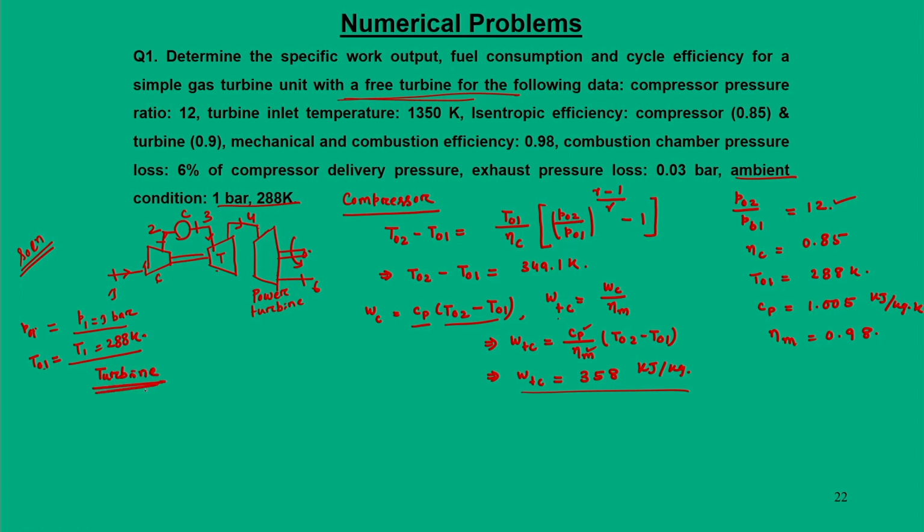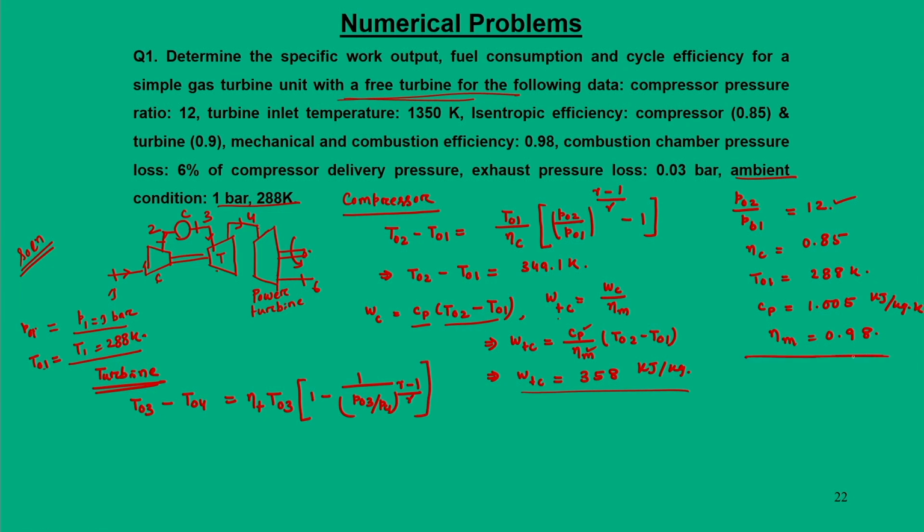So for the turbine side we can write T03 minus T04 is equal to turbine efficiency into T03, whole bracket 1 minus 1 by P03 by P04 to the power gamma minus 1 by gamma.